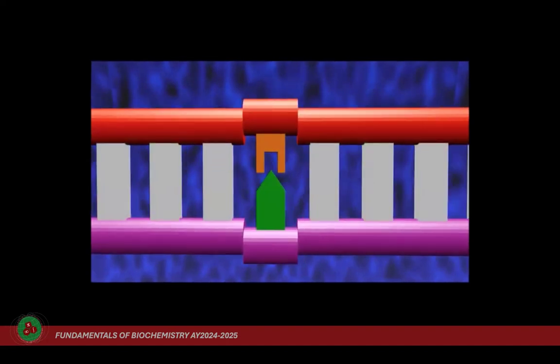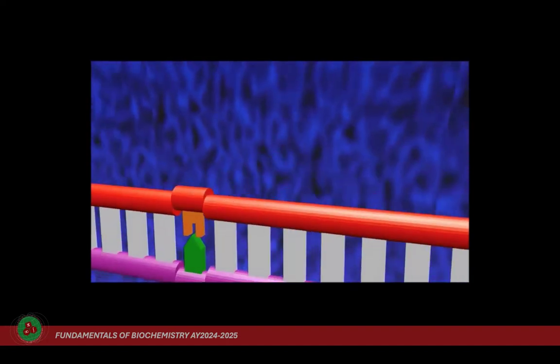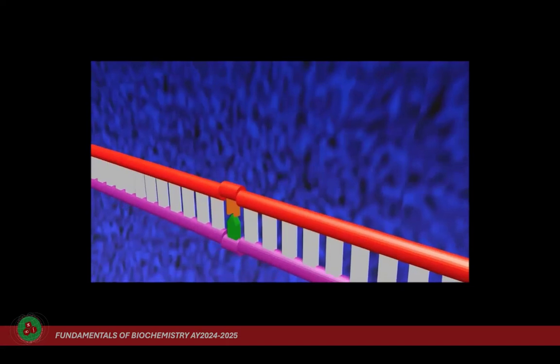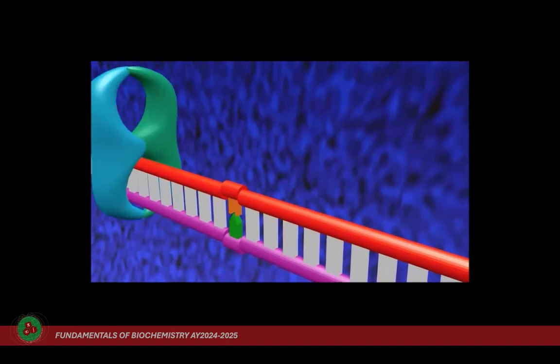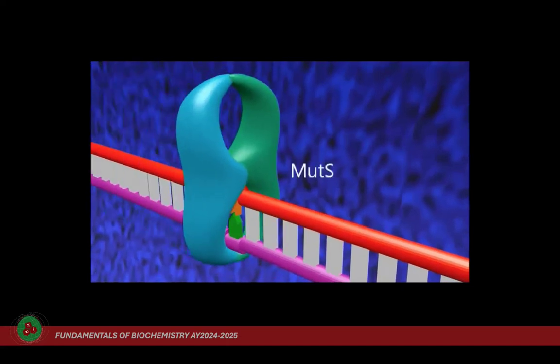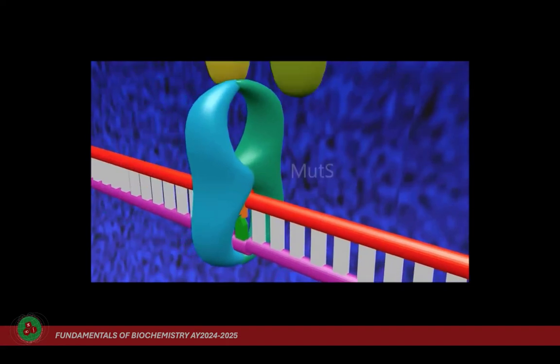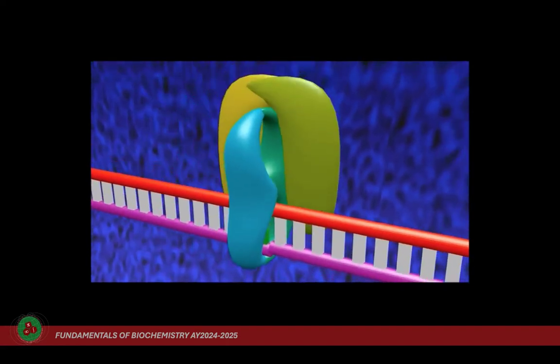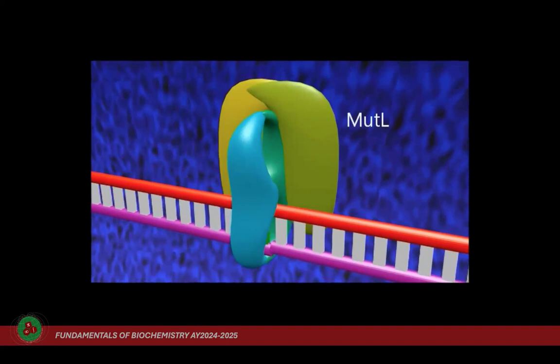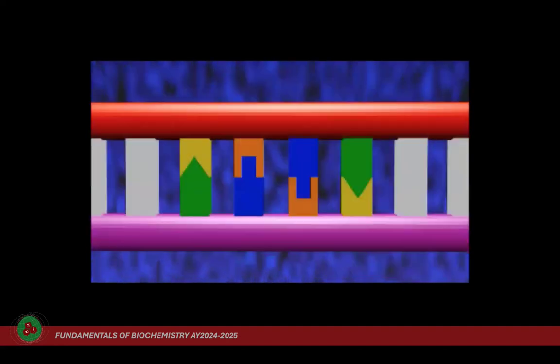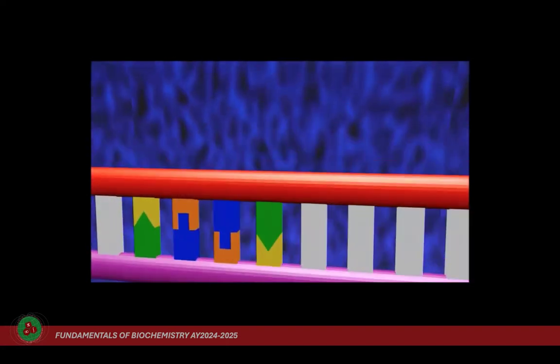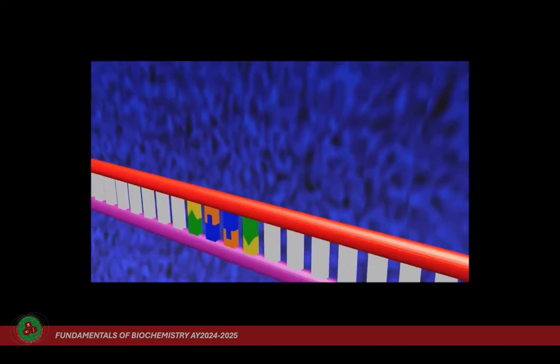The first step in the mismatch repair pathway in E. coli is recognition of the mismatch by the MutS homodimer. MutS recognizes the mismatch and binds to it. Then, the MutL homodimer binds to MutS, ready for a later step in the mismatch repair pathway. Meanwhile, up to a kilobase away, the MutH protein recognizes a GATC site.